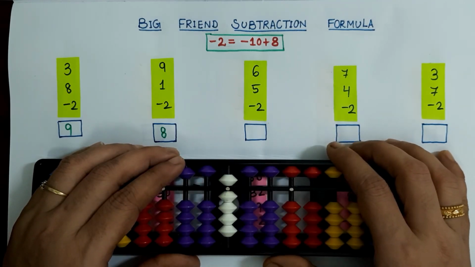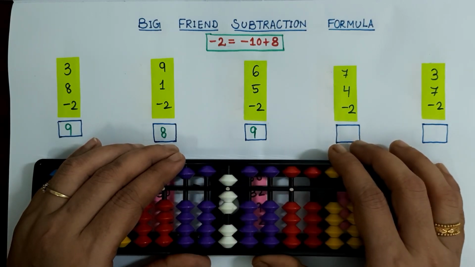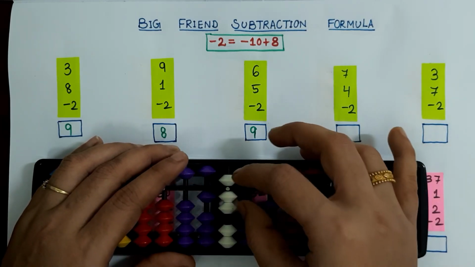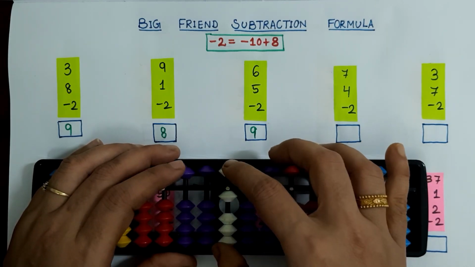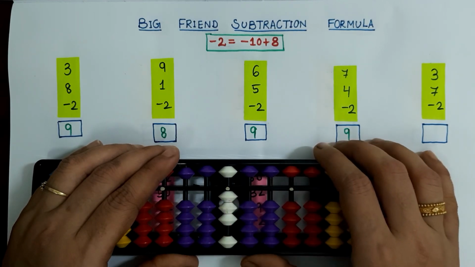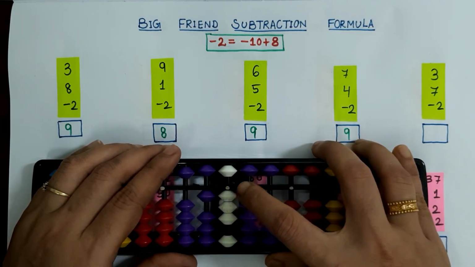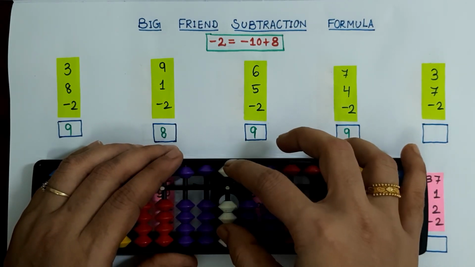Third sum is 6 plus 5 is plus 10 minus 5, minus 2 is minus 10 plus 8. Answer is 9. Fourth sum is 7 plus 4 is plus 10 minus 6, minus 2 is minus 10 plus 8. Answer is 9. Fifth sum is 3 plus 7 is plus 10 minus 3, minus 2 is minus 10 plus 8.